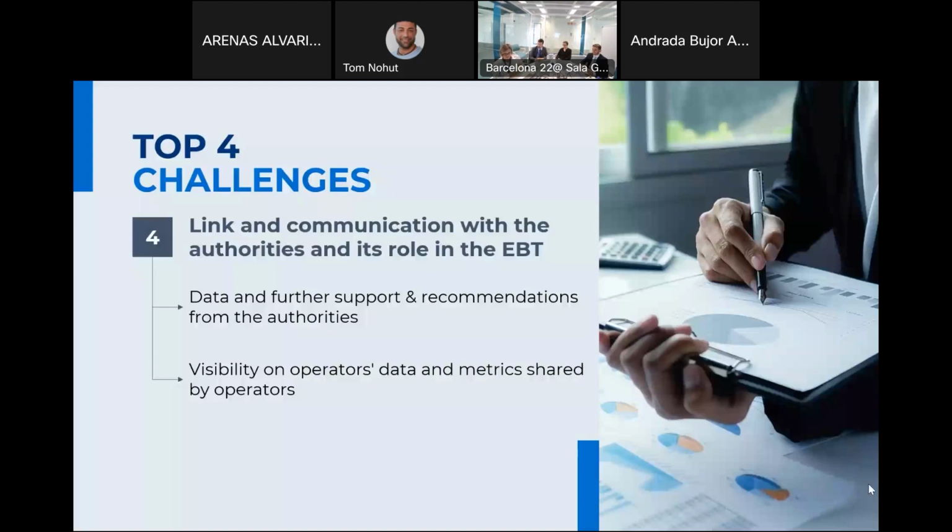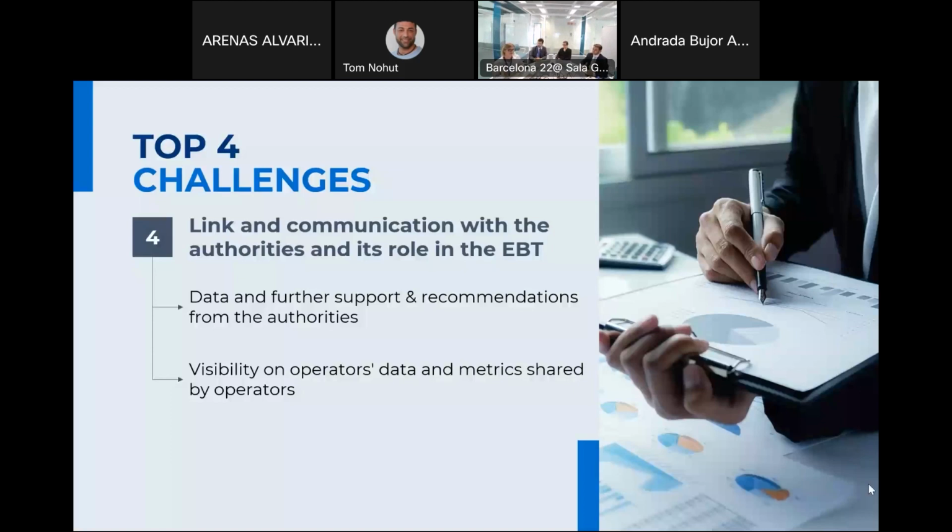Another aspect to be considered here is that at a national level, the authorities could use the information from the EBT to establish a safety risk management, to be able to identify potential risks from the data coming from the EBT program or the competency of the pilots. And also looking at the EBT continuous improvement.